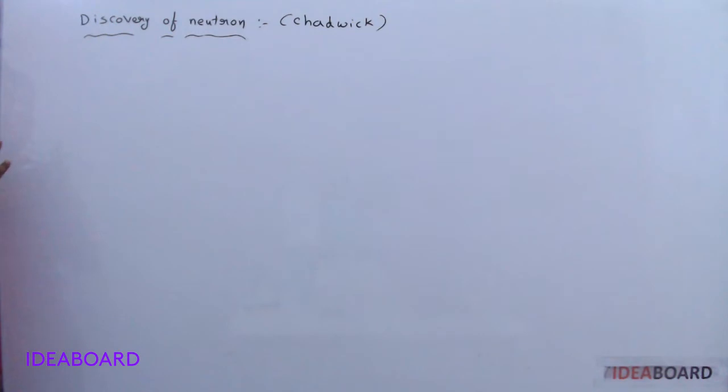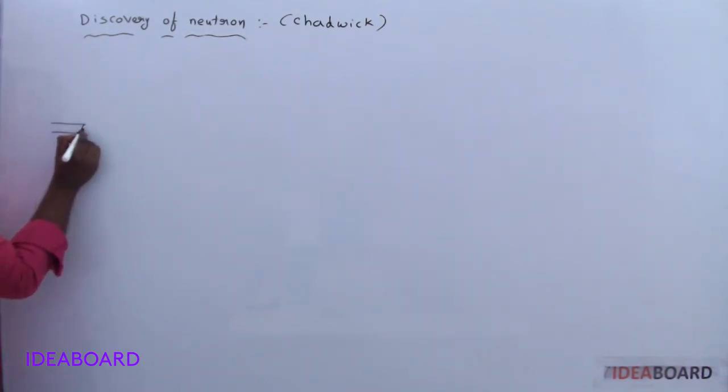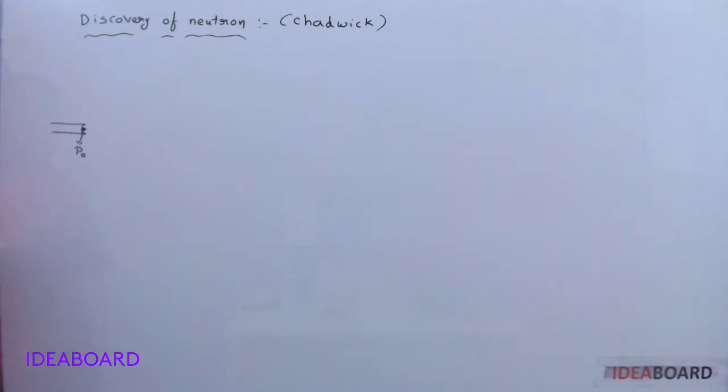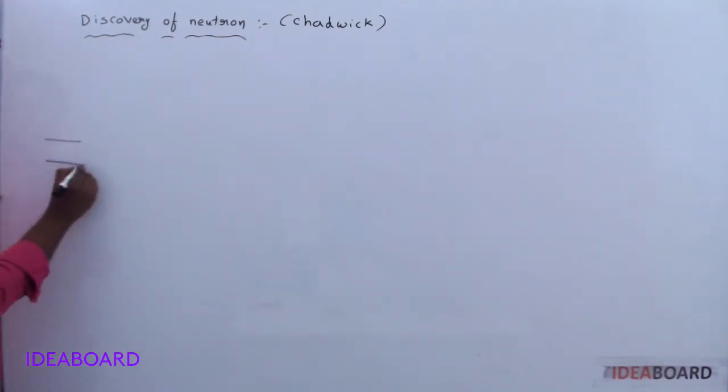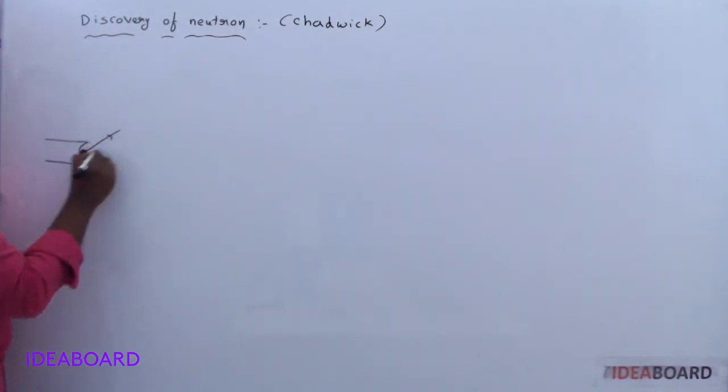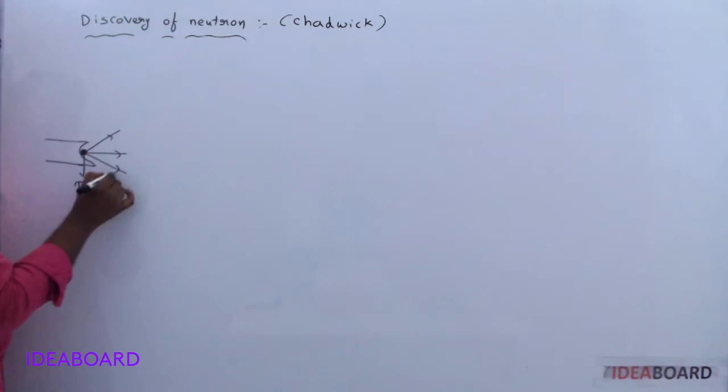In this experimental setup, he took one radioactive element named polonium, Po. From the polonium radioactive nuclei, alpha particles are released.